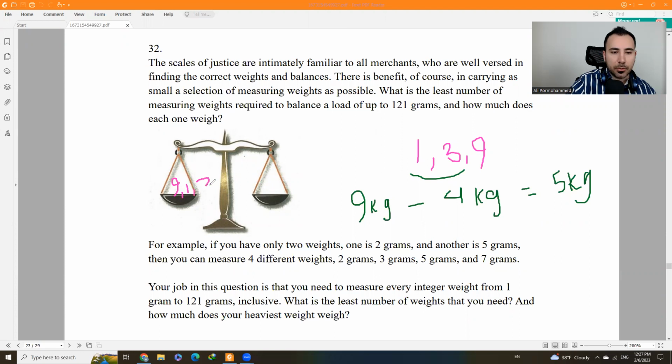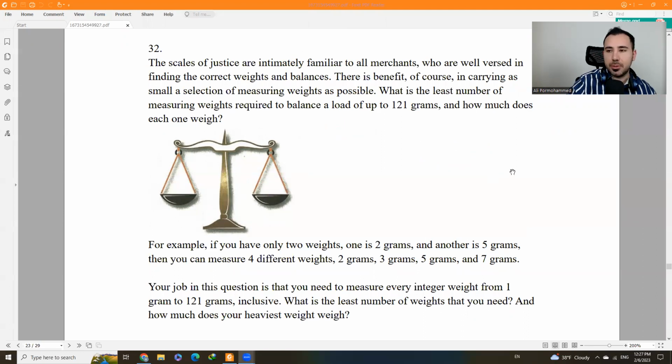That's going to be 13 kgs, and we want 14. So what is the next one that we need? 27. Why? Because 27 minus all of these is 14. So you get the idea. You could check his comments. That was brilliant and really helpful, so I shared it with you.